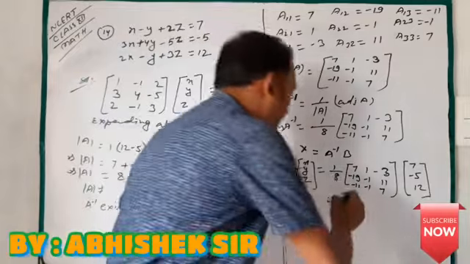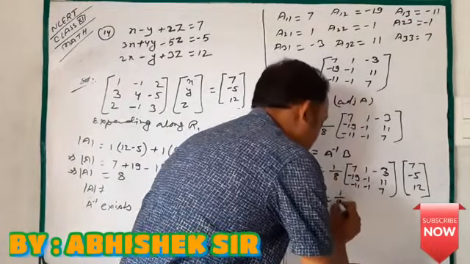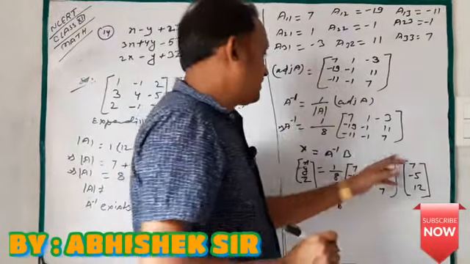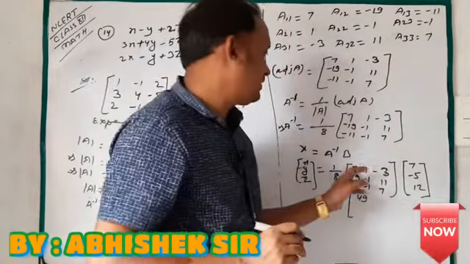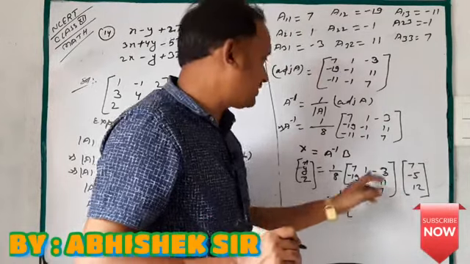Now 1 upon 8. 7 7 is 49. First row and only column, 7 7 is 49.